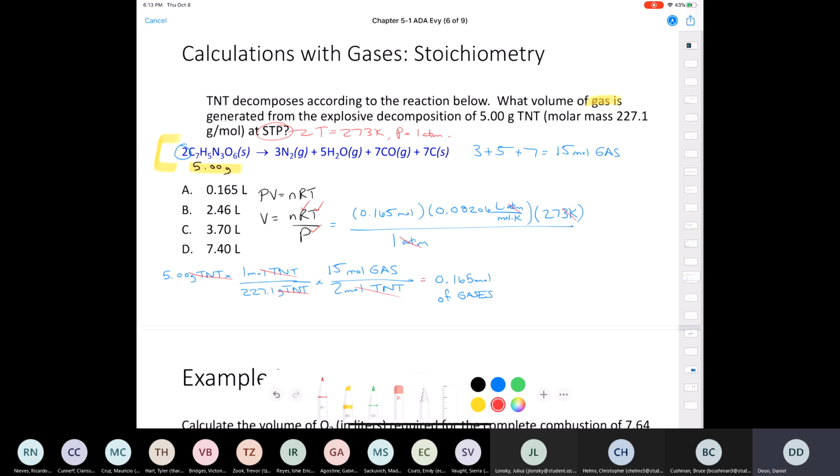The units of pressure cancel, the units of temperature cancel, and the units of moles cancel, and I'm left over with my volume. And the volume I get is 0.70 liters of gas, or gases, whatever you want to call it. So the final answer is here.